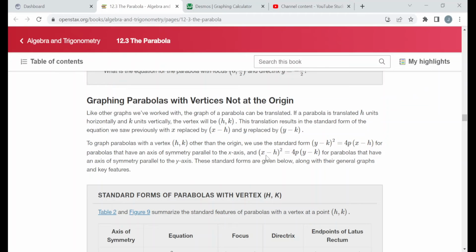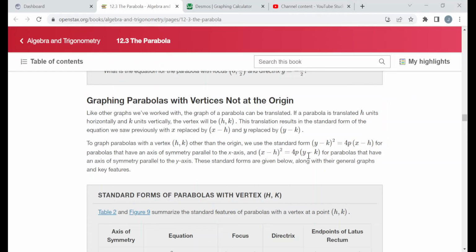So we get these two standard forms here, right? One has y squared and not x, and those were parabolas whose axis of symmetry was horizontal. And the other one has x squared, not y, and those were parabolas whose axis of symmetry was vertical.